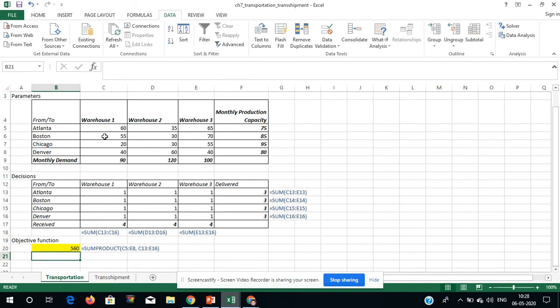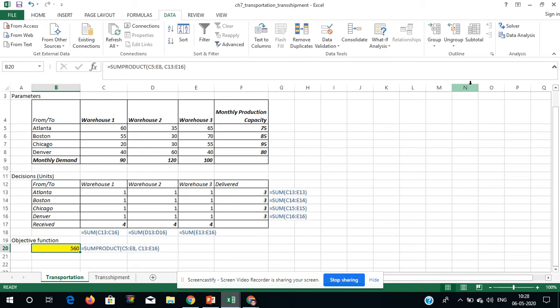So my total objective function is, this is shipment cost and this is units. How many units? The decision is in terms of units. So this becomes an objective function, which is SUMPRODUCT of C5 to E8 multiplied by C13 to E16.